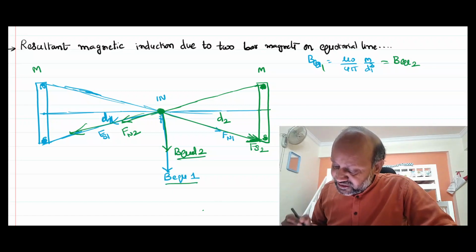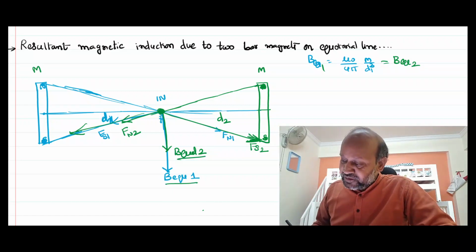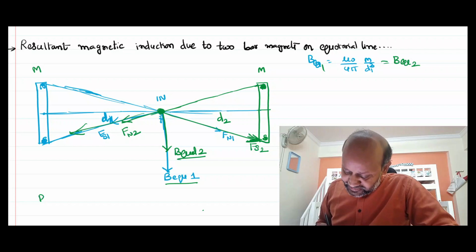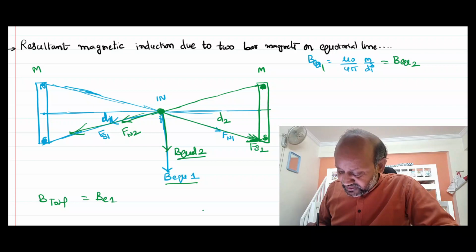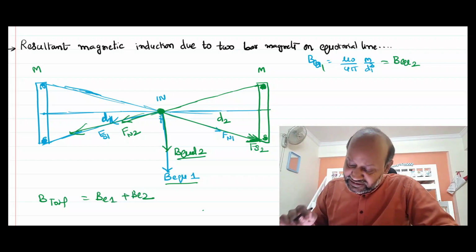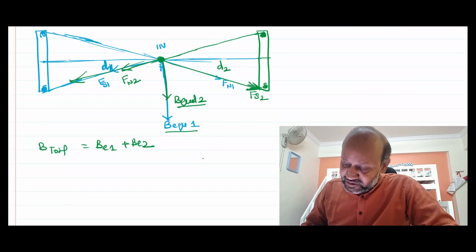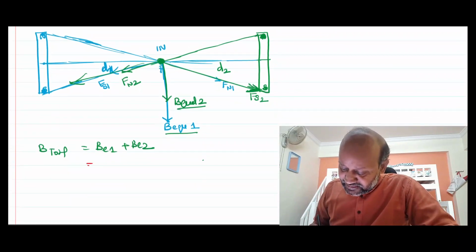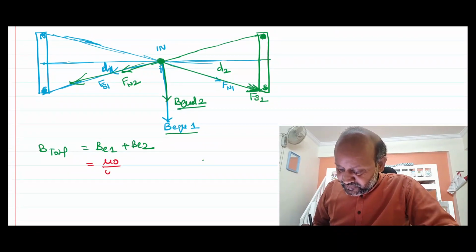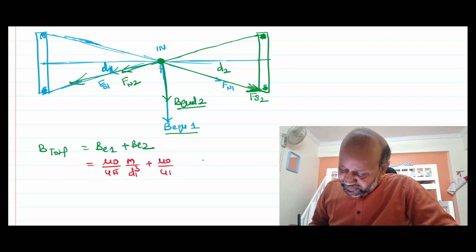So what is B total? B equatorial of the first plus B equatorial of the second, because both of them are acting in the same direction. The angle between those two vectors is 0. That is mu naught by 4 pi, m by d1 cube, plus mu naught by 4 pi, m by d2 cube.